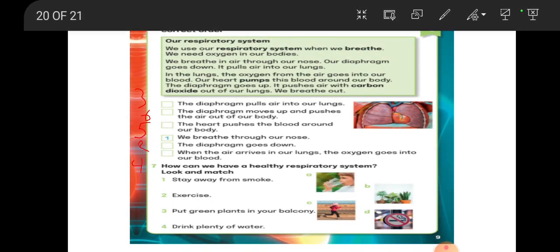Let's answer this question together. Number one, stay away from smoke. It is number D. Number two, exercise. It is C. Number three, put green plants in balcony. Here it's number B. And then drink plenty of water.